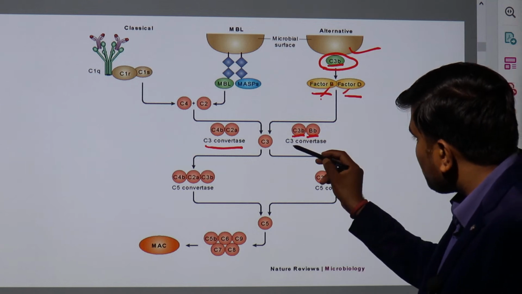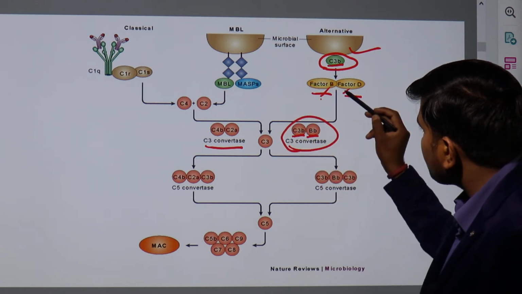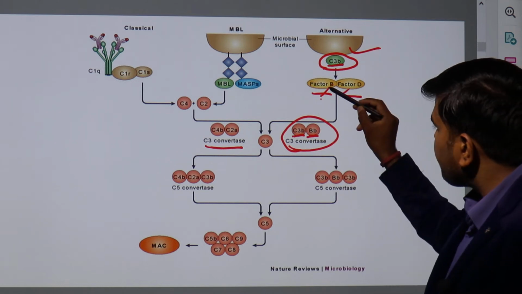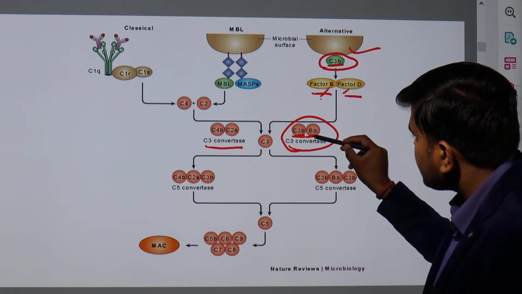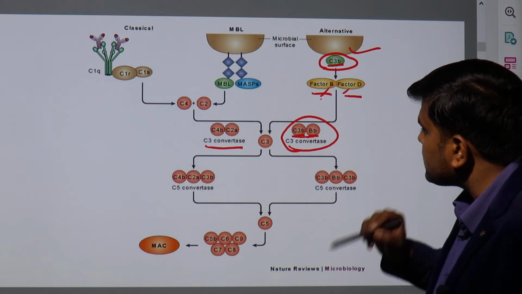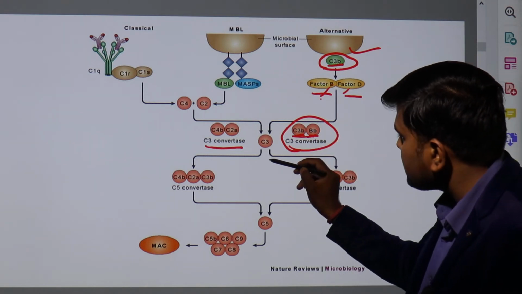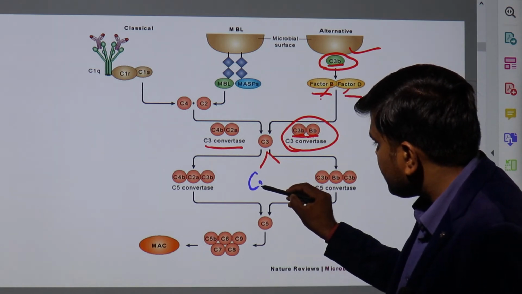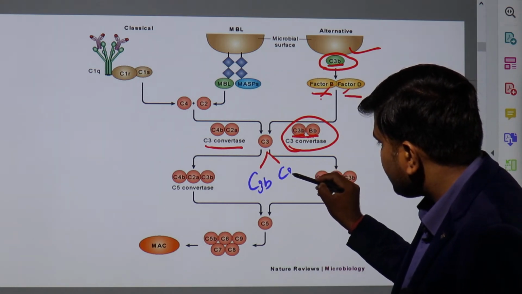Okay, so this becomes your C3 convertase now. Why? Because this C3b has come on the bacterial surface, factor B has come, so there will be a C3b, big B and small b. This is C3 convertase. This will cleave this C3 and form this C3b, C3a.